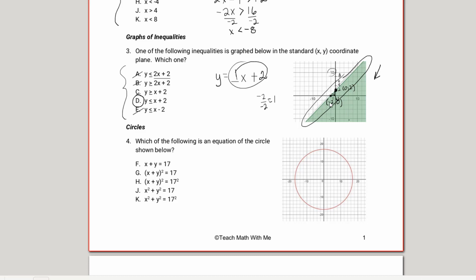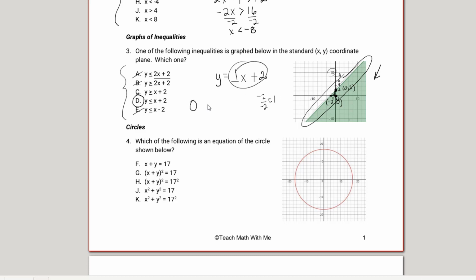But we can always plug in a test point. And like I told you in the review slide, I like to use point 0, 0, wherever that is. And right here we see it is in the shaded region. So if this is represented by the shaded region, whatever the sign is, that's what it would be. So we're plugging in 0 for x and 0 for y.